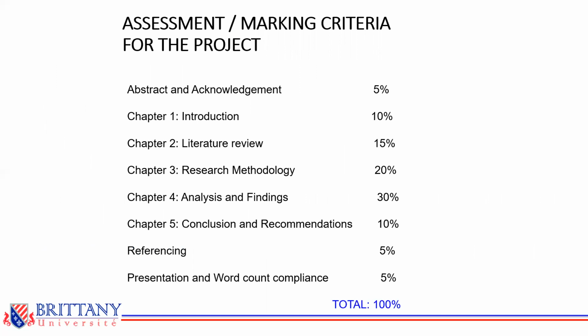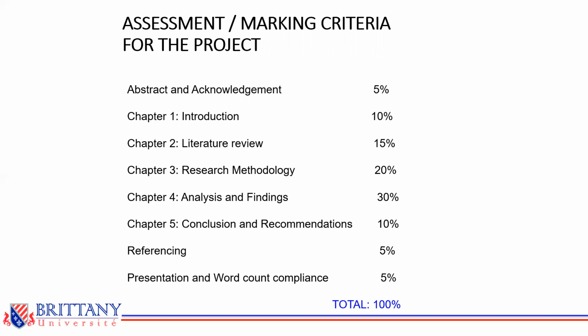Your abstract and acknowledgement is 5%. Introduction or chapter 1, 10%. Your literature review or chapter 2, 15%. Research methodology is 20%. Your analysis and findings, this is the most important part I mentioned earlier.